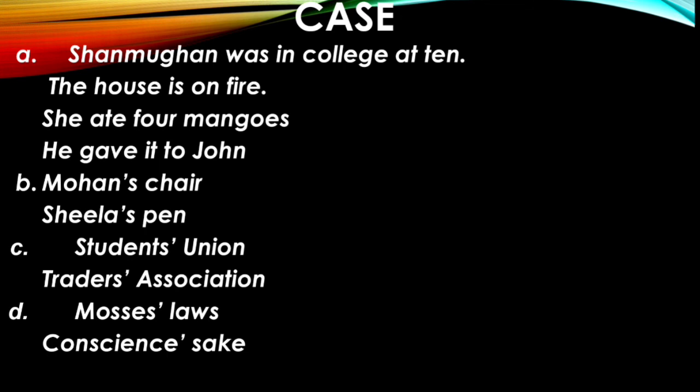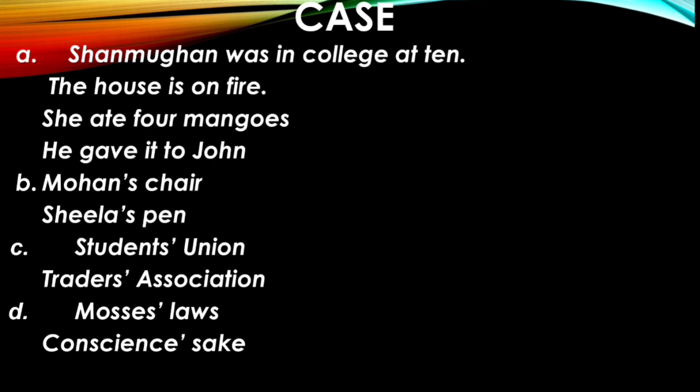Another way is putting of before the noun. Pen of Sheila or chair of Mohan. So by adding an apostrophe or by adding of before the noun, there are two ways of showing it.